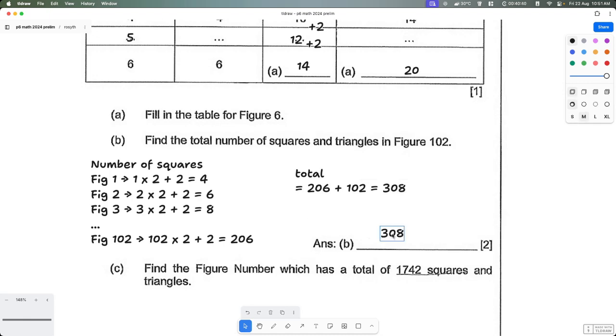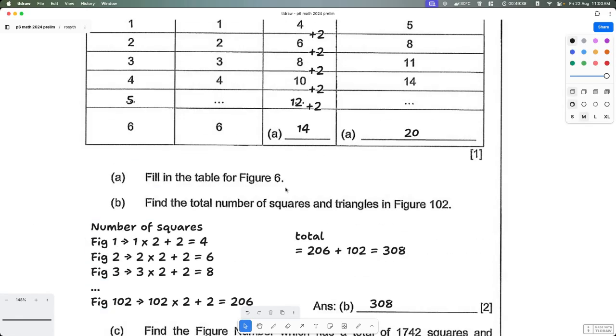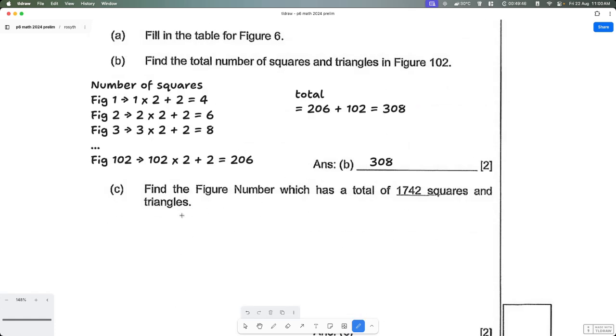So that's the answer. Okay, so part C, find the figure number which has a total of 1742 and then triangles as what you see over here. So first we want to get how we get from 1 to 5, 2 to 8, 3 to 11, 4 to 14, right?